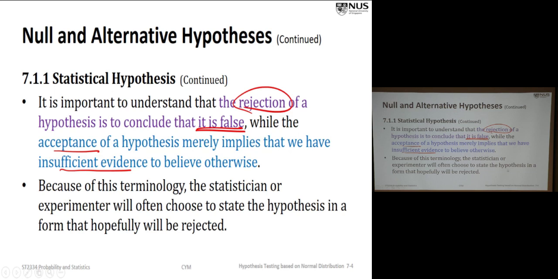All right. So the null hypothesis, or the hypothesis that we say, is the one that we want to reject. So remember I talked about I have a new drug. I want to say that this is better than the existing one.